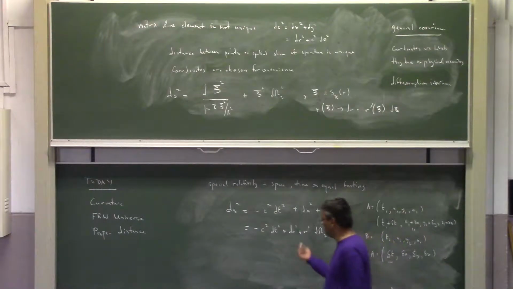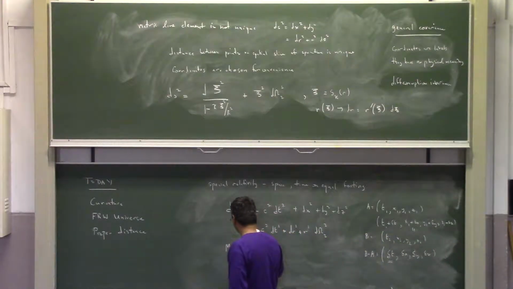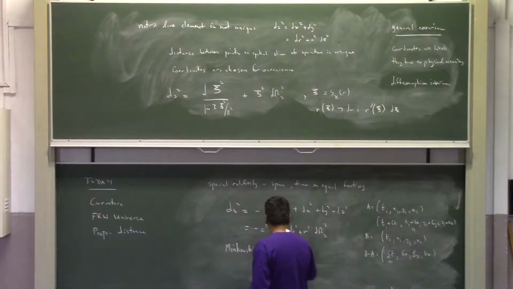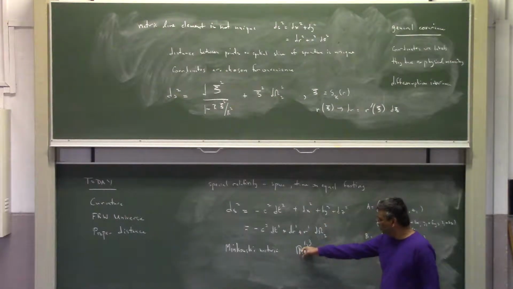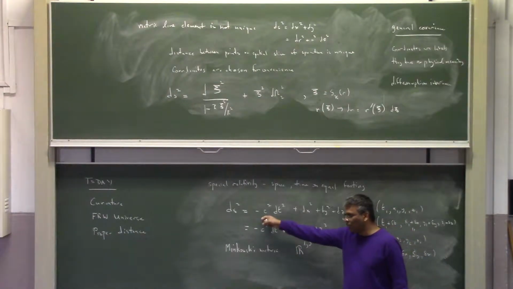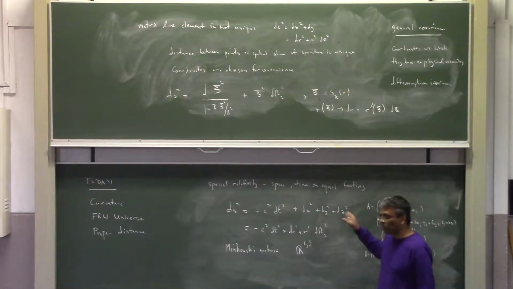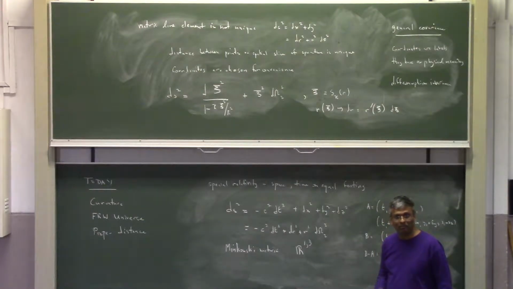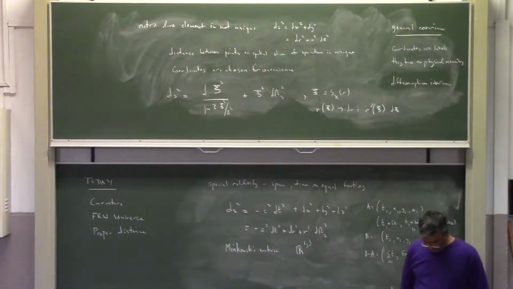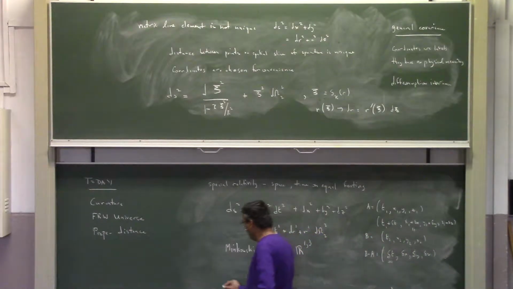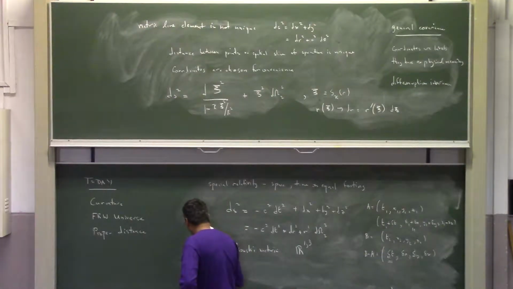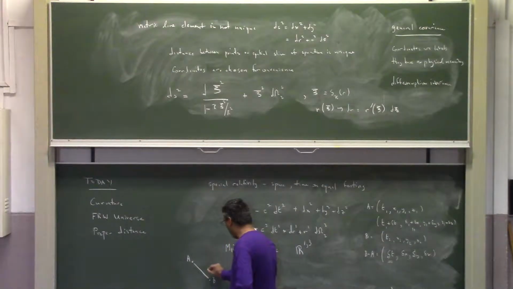This is called the Minkowski metric. It corresponds to the distances on R^{1,3}. This tells you there's one coordinate which enters with a minus sign, and 3 coordinates enter with a plus sign. Okay, so the idea of special relativity is that 2 points in space-time, A and B, which are connected by a light ray, are at 0 distance.